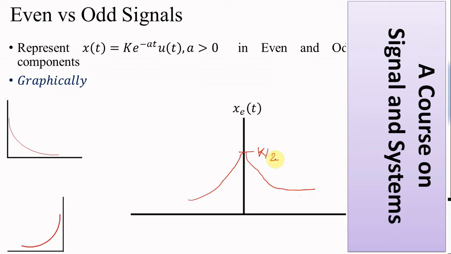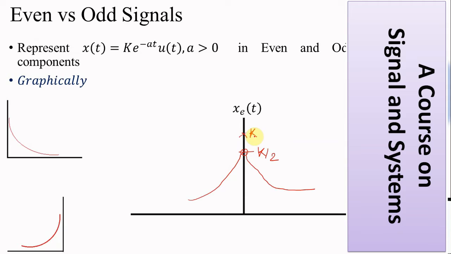This is also there in the analytical equation that we have written three slides back. At t is equal to 0, actually K by 2 and K by 2 add from both the components, and therefore it is eventually K. So here it is a discontinuity. The magnitude of the signal here is capital K at t is equal to 0 specifically. To the left and to the right, it remains the same. So there is no problem there.